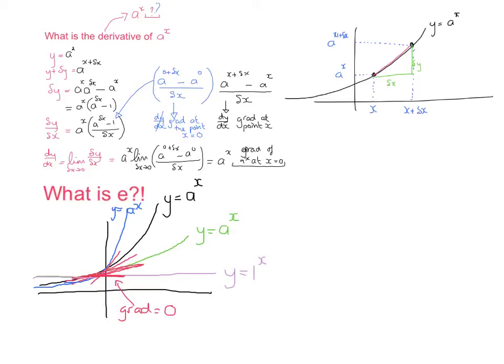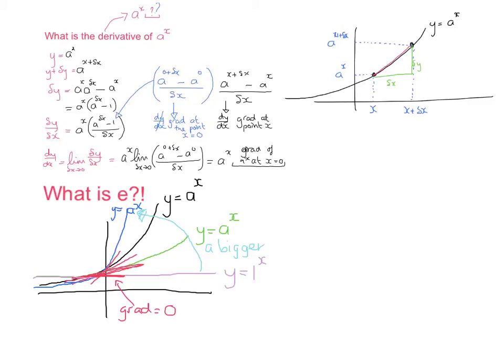So why did I do that? Basically, to convince you that as I make a bigger and bigger and bigger, as I move a forward through this beautiful spectrum that I've created here, this beautiful picture, so a is getting bigger, what happens to the gradient of the function a to the x at the point 0, 1, which is on the y-axis?